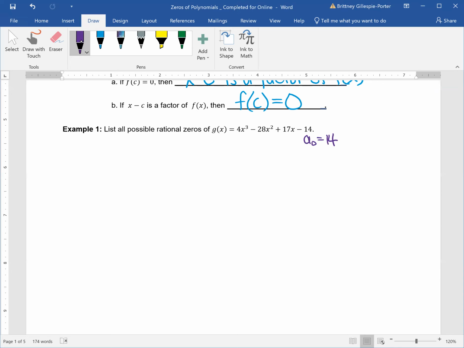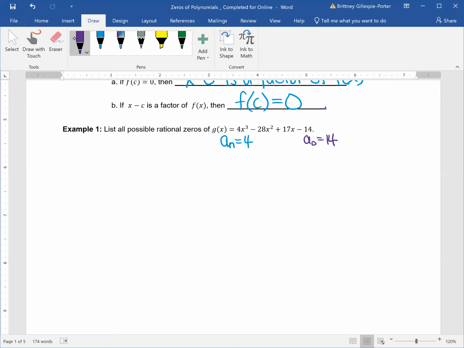When we're doing the rational zeros theorem, we don't need to include the signs. And I'll explain why when we start writing all of our answers. And then our leading coefficient is 4. So we have a degree 3 polynomial, and we would have 3 x-intercepts or 3 zeros.